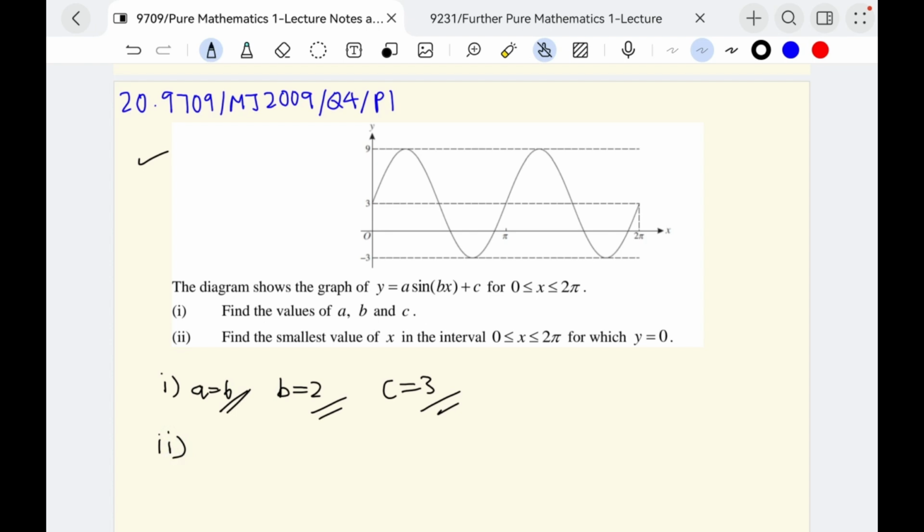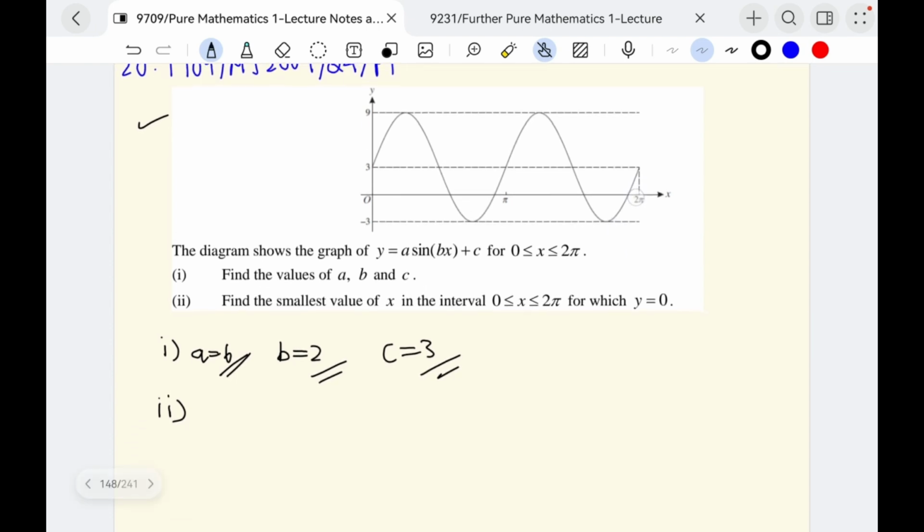Find the smallest value of x in the interval for which y equals 0. So you have to equate.